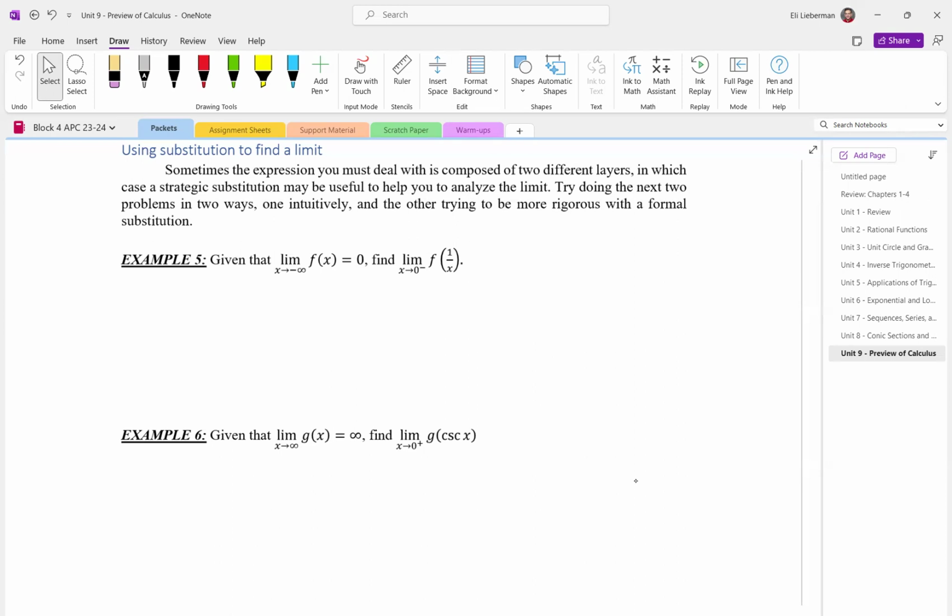What happens when you plug that into 1 over x? It becomes -1,000,000. What do you think is true about f of -1,000,000? Very close to 0. It's telling us that if we plug in larger numbers, the function is headed to 0. So that's why the answer for this one is 0. These ultimately say the same thing.